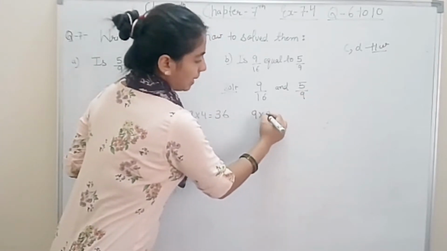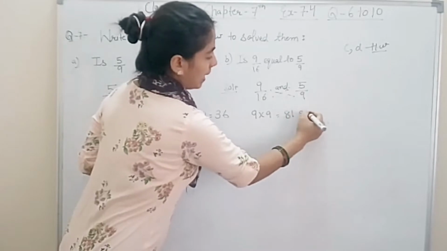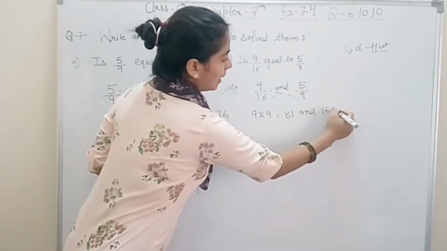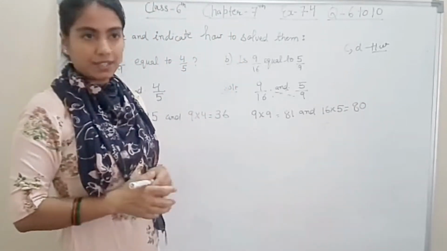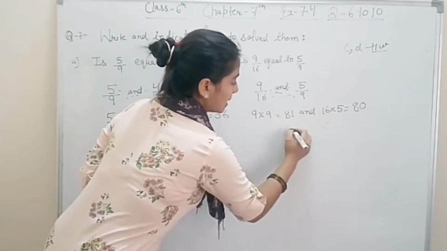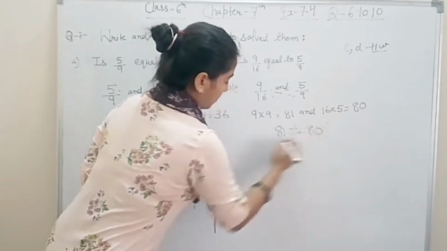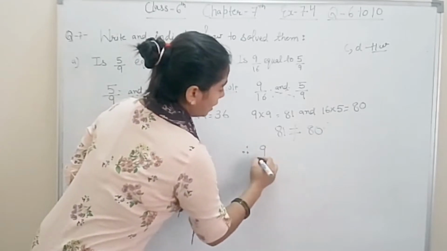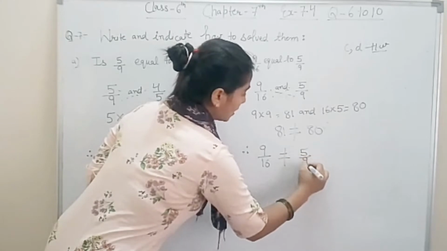Now 9 into 9, cross multiplication. 9 nines are 81 and 16 into 5, 16 fives are 80. Is the product of the fractions the same? No. So 81 is not equal to 80. So therefore the given fraction 9 upon 16 is not equal to 5 upon 9.